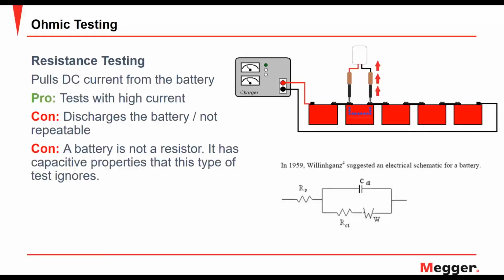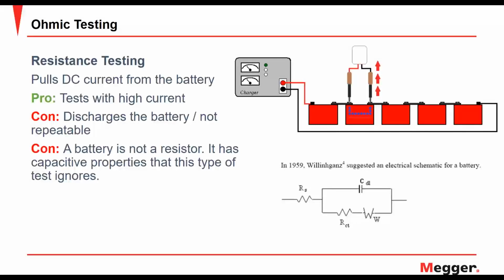If you miss the reading and want to take it again, you will have to wait for the battery to recharge, because this test pulls DC current, meaning it discharges the cell for the measurement. So it's not easily repeatable in a short period of time. You need to have the battery in the same condition each time you want to do this test.